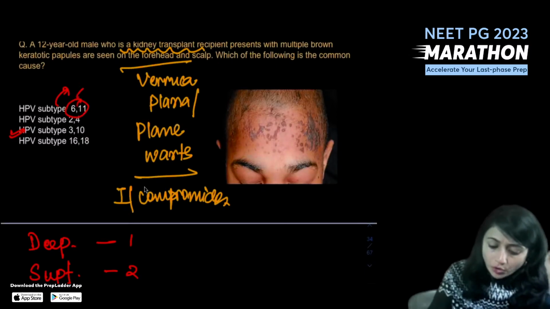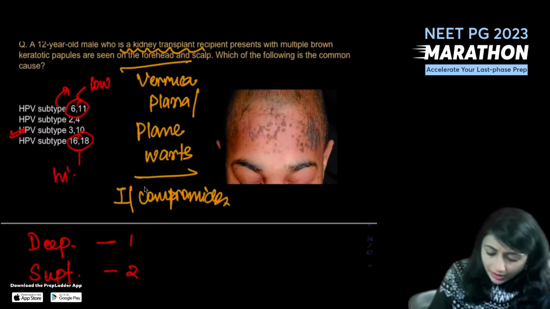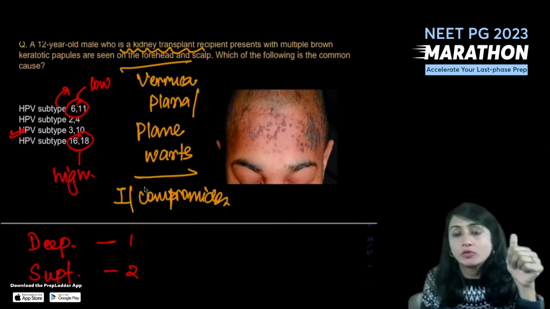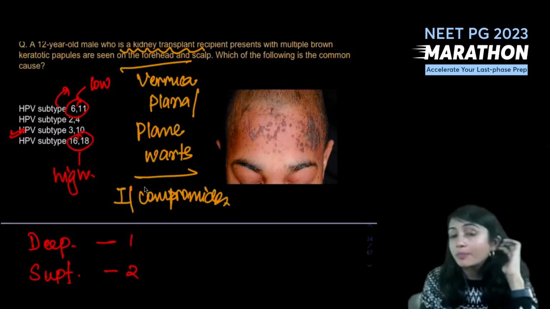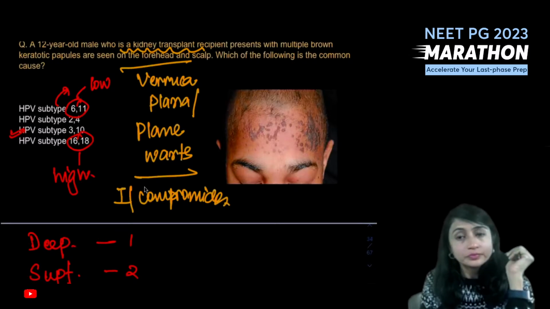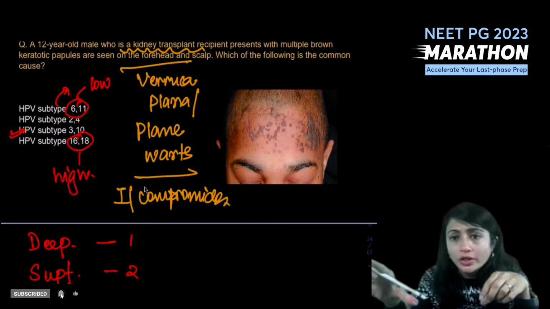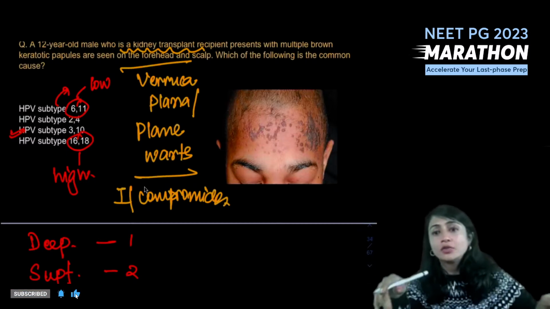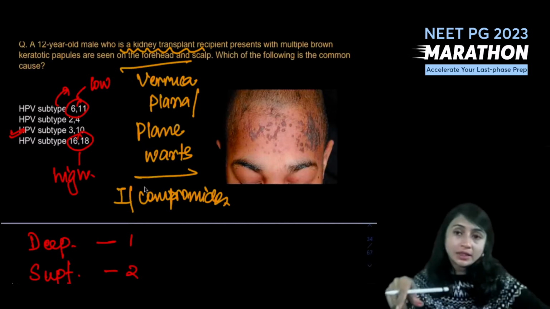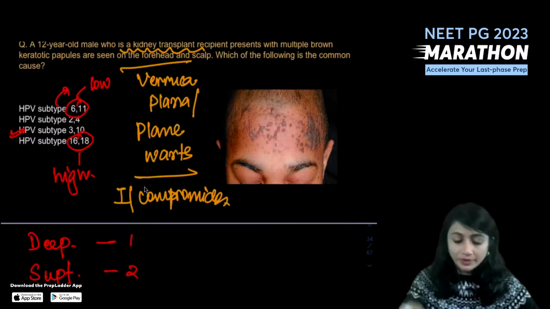So here again, an important point, this is low risk and 16, 18 is high risk type of anogenital wart. By high risk, I mean they are precancerous in nature. So if they have given you Buschke-Lowenstein tumor, which is giant condyloma acuminata, then it would be HPV subtype 16 and 18 because it is caused by high-risk HPV types. Clear?